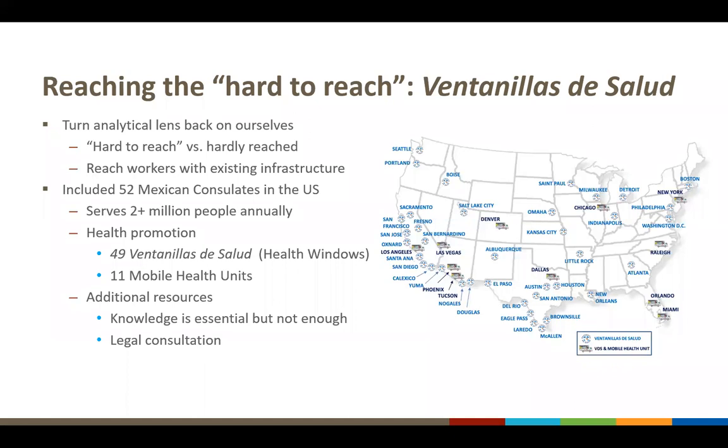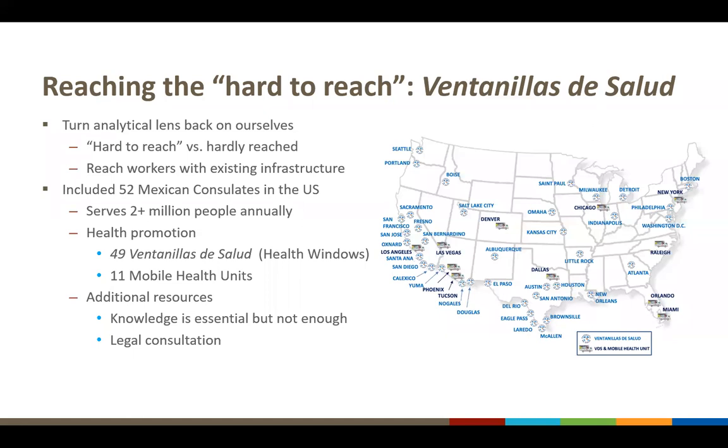The other thing that's been very beneficial about working with the consulates and leveraging this existing infrastructure is that we know that knowledge is essential, but not enough. First, we wanted to use the consulates as a way of disseminating knowledge around safety tips and how to stay safe at work to their clients. But we also realized shortly after getting involved with them that they had a whole legal office as well.